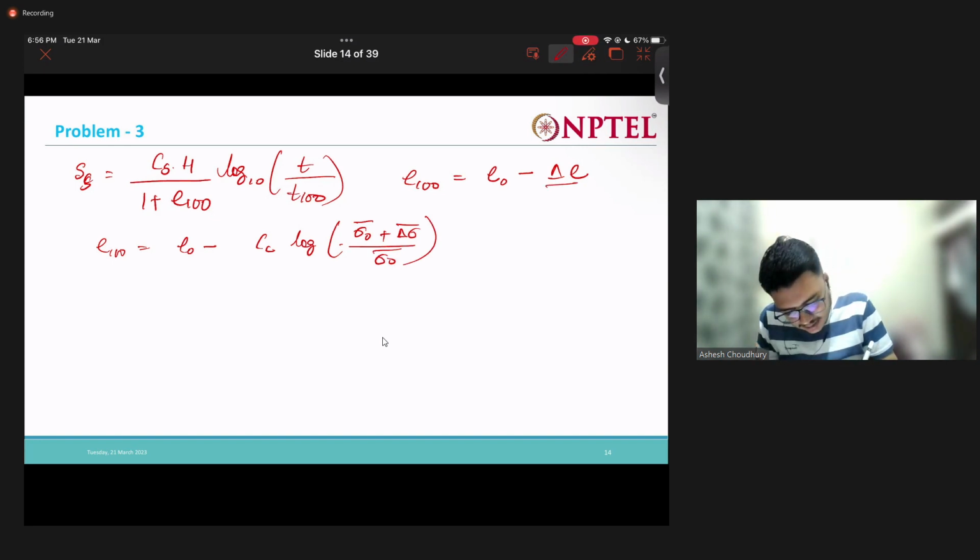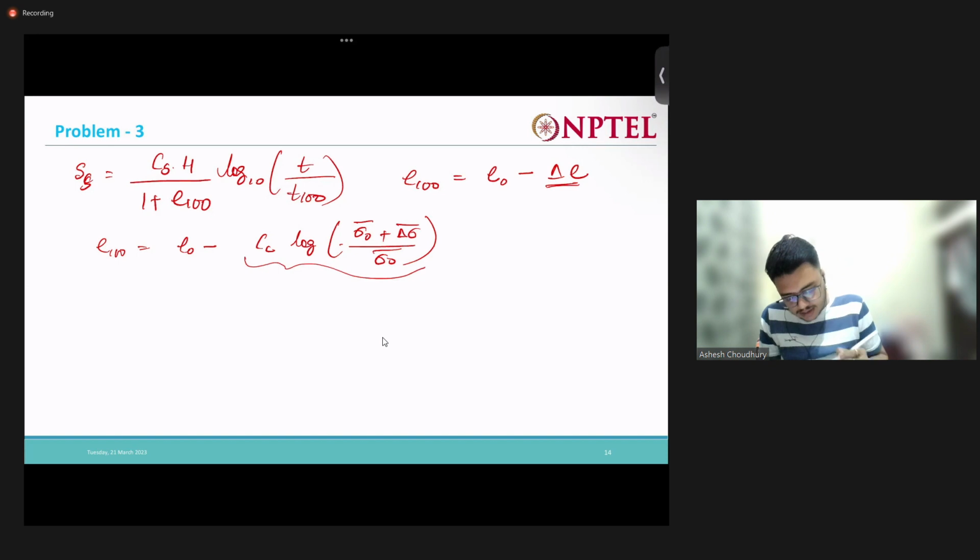This delta E can be written as this thing, because it's nothing but a slope. So that slope we are representing as CC, from the E versus log of stress curve, if you remember from the previous lecture. So from there we are writing this delta E as this thing.